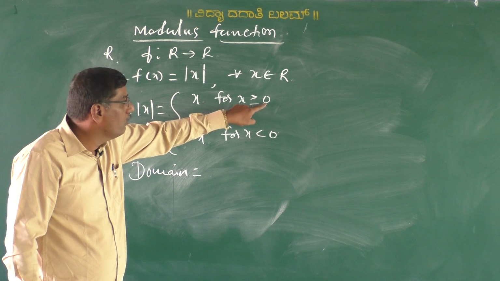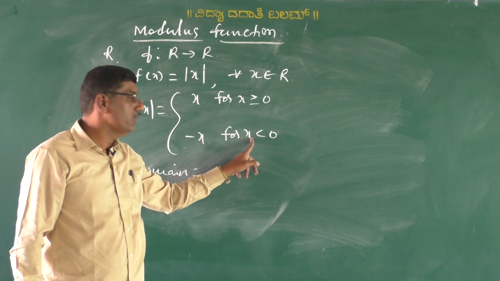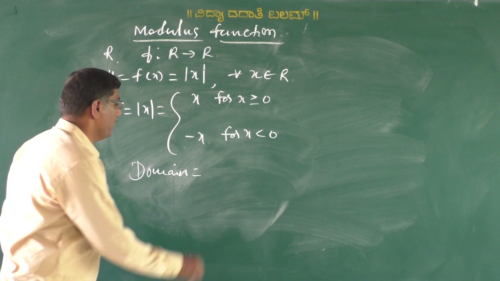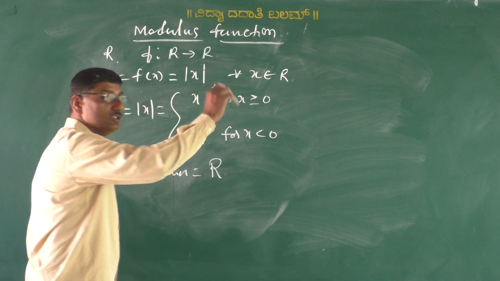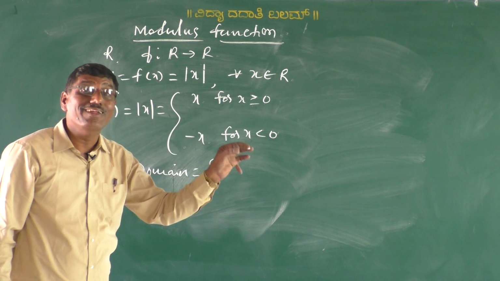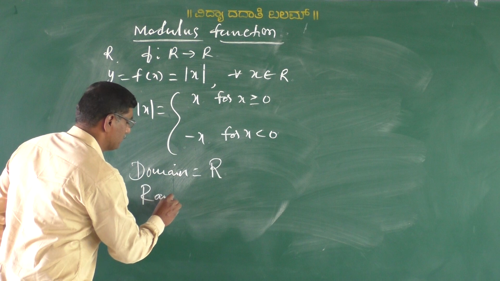Here we can give the set of all positive reals and also negative reals, isn't it? That means domain is the set of all reals. What about range?